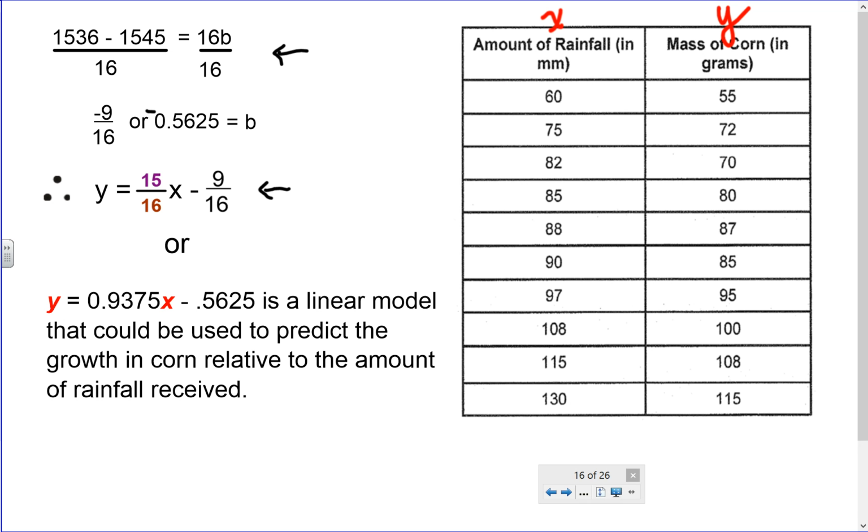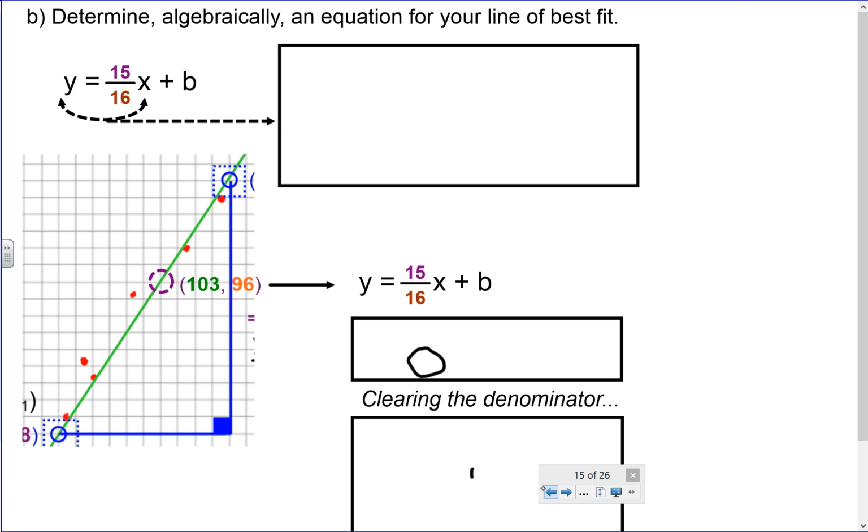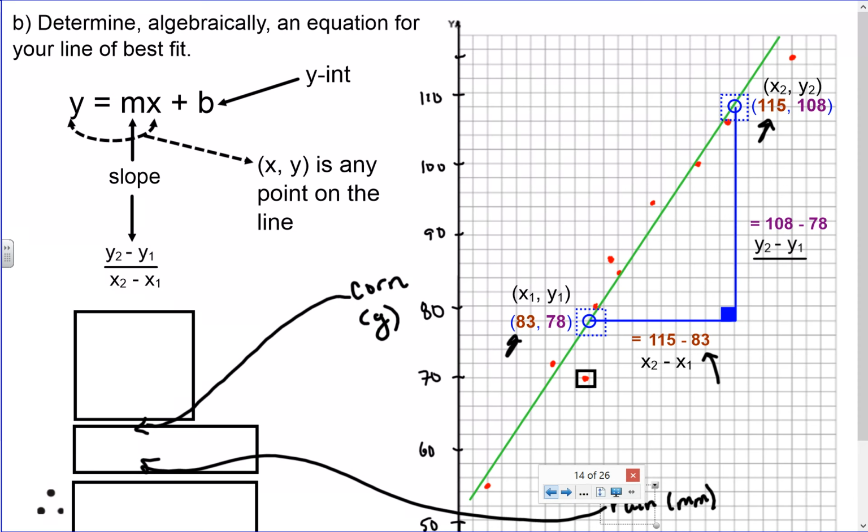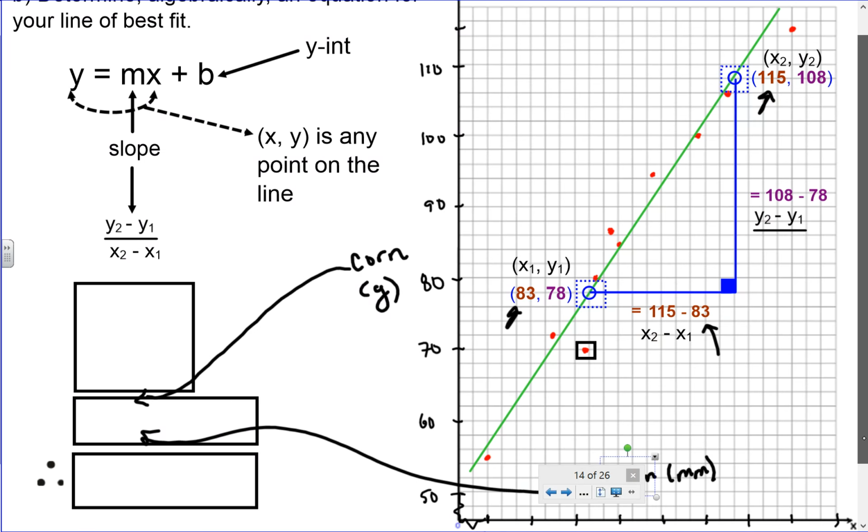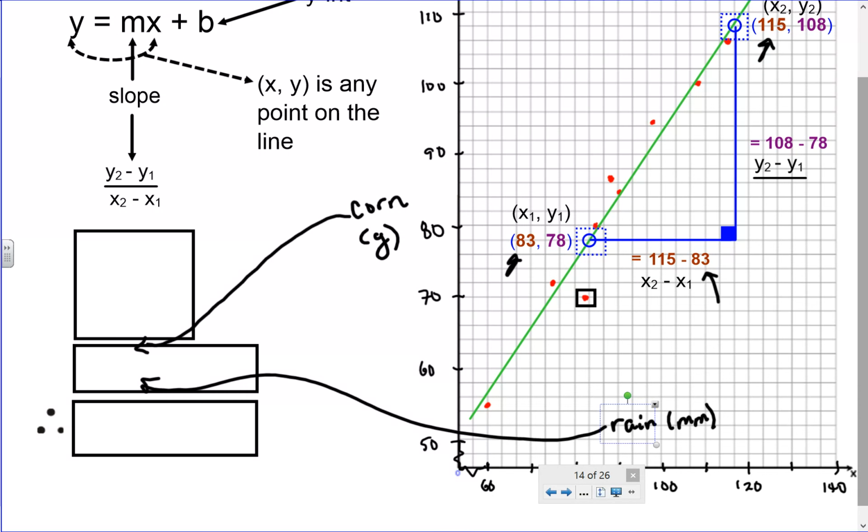Now, that 9/16, again, negative 9/16, that's fairly small. You might be wondering why, given the graph as it is, why it's not more. Like, why is it not 50 something? Should it not be here if we extend the line?